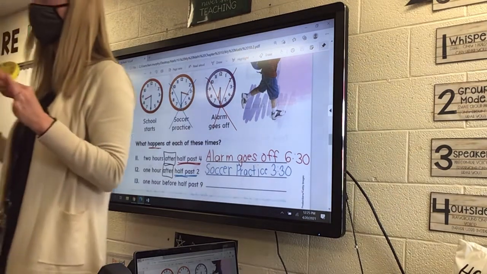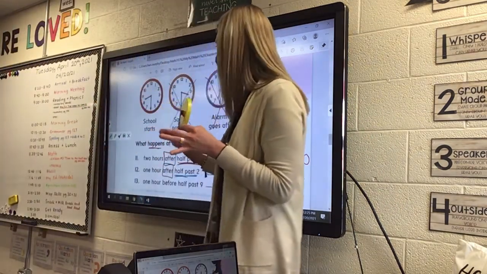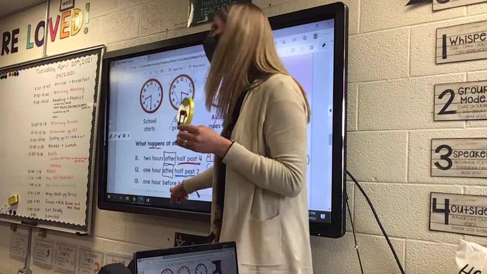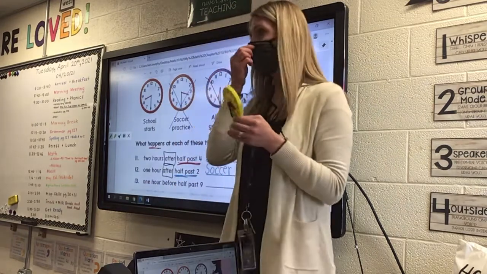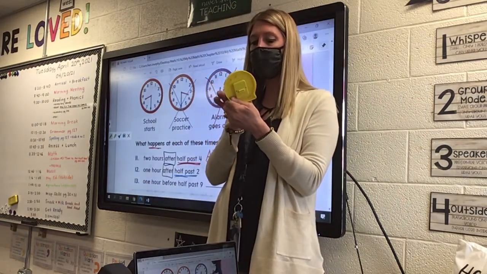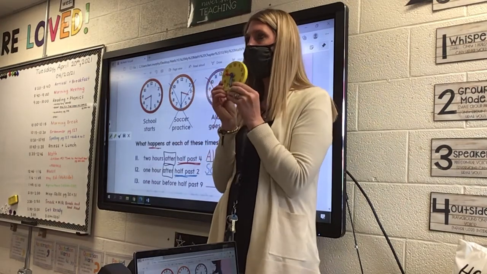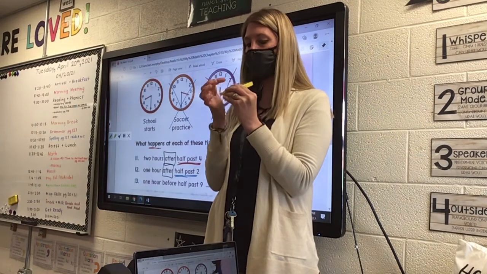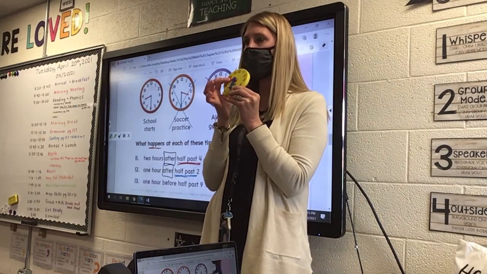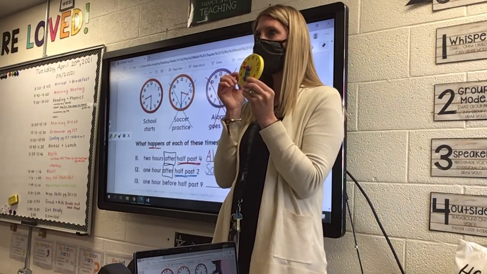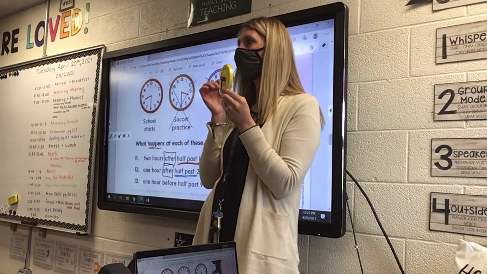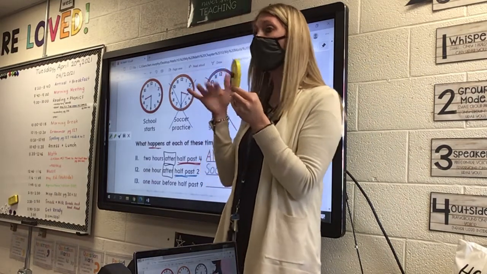Okay, last one. This should be easy, but let's just double check we have it done correctly. 1 hour before 9:30. So let's make our clock say 9:30. 9:30. Aria, fix yours. Yours is 8:30. There you go. Now, we're going to go before.